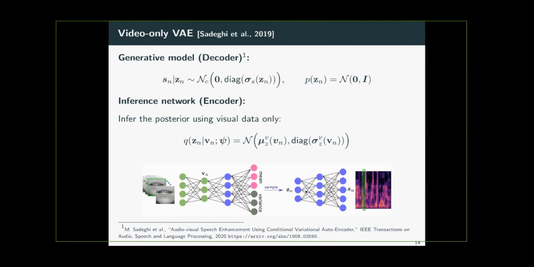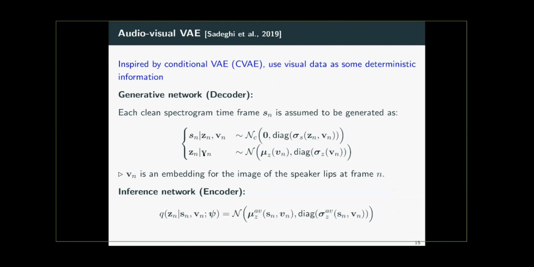You can see here that both the prior on the latent variable and the posterior of the generated variable given the latent variable are conditioned by V_n. V_n denotes the visual features that we have extracted with the convolutional net. And then of course, the inference network, which is the posterior of Z_n given S_n, is also going to be conditioned by the vision. Otherwise, it doesn't make much sense.